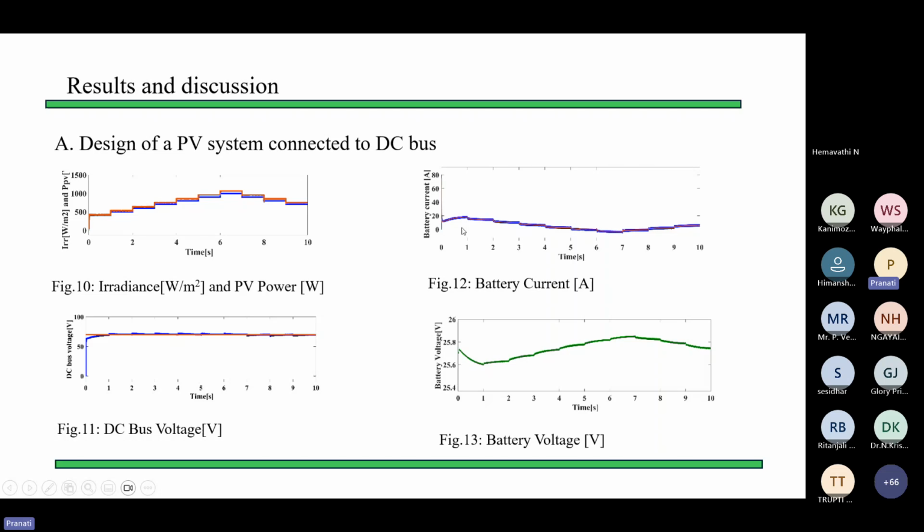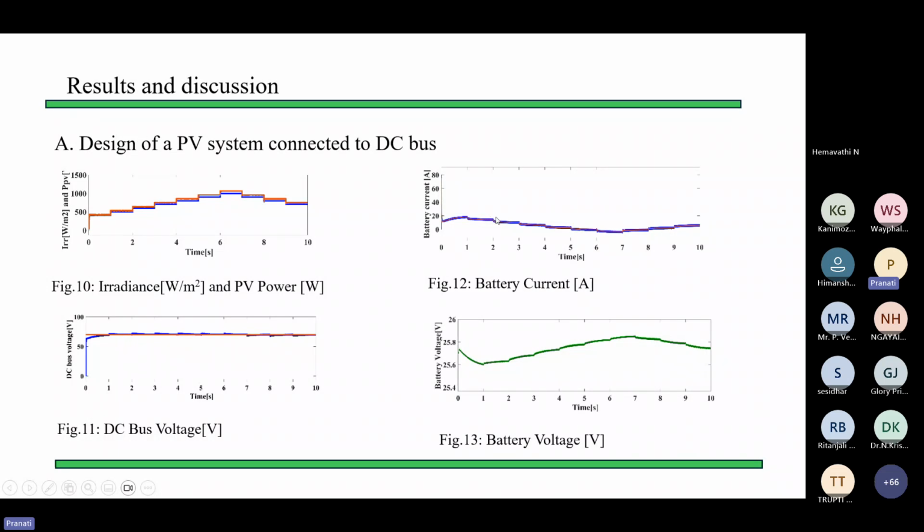And for these low values of irradiance, you see, initially we have started with very low values. This is 500. So around 300 to 400, I think. For 400 value, the battery needs to be charged. It doesn't store energy at this point of time. So when the battery is discharging, you see a positive value of current is established.